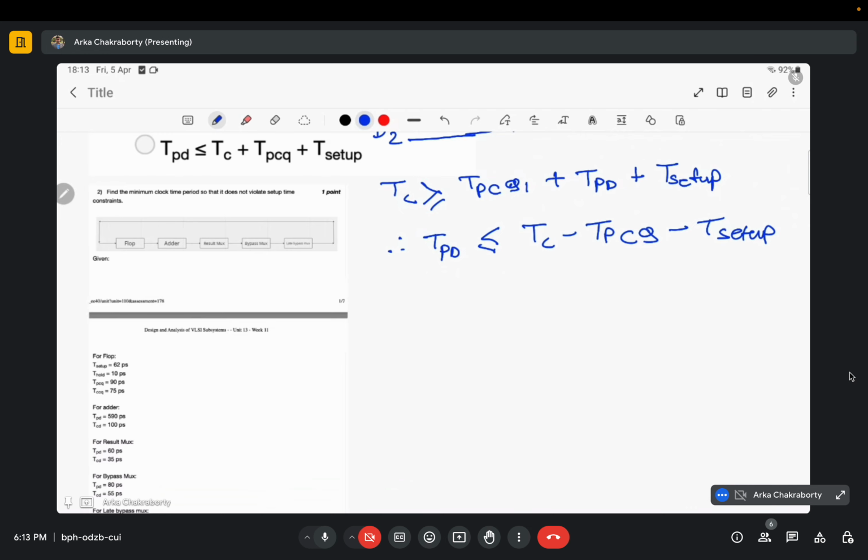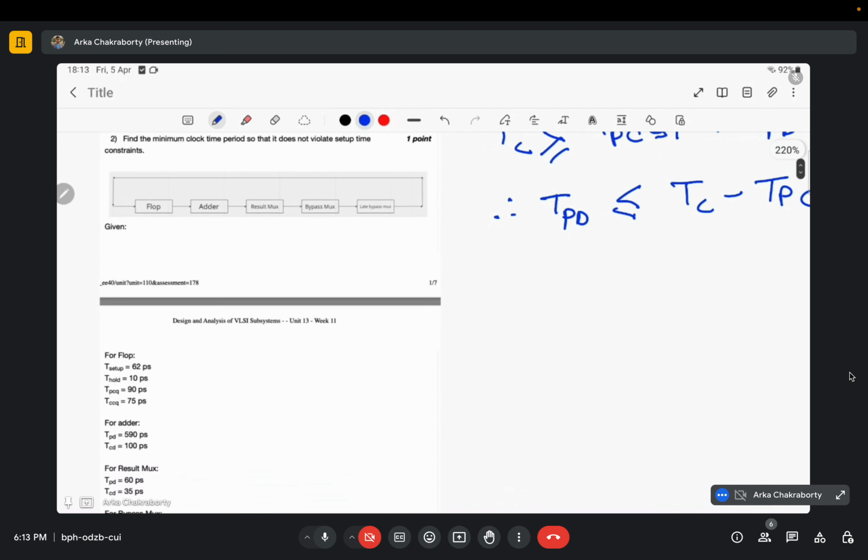Let me write it down here. T setup time is 62 pico. Hold time is 10 pico. PCQ is, I think, 90 pico. Contamination is not needed here, but let me write it here.